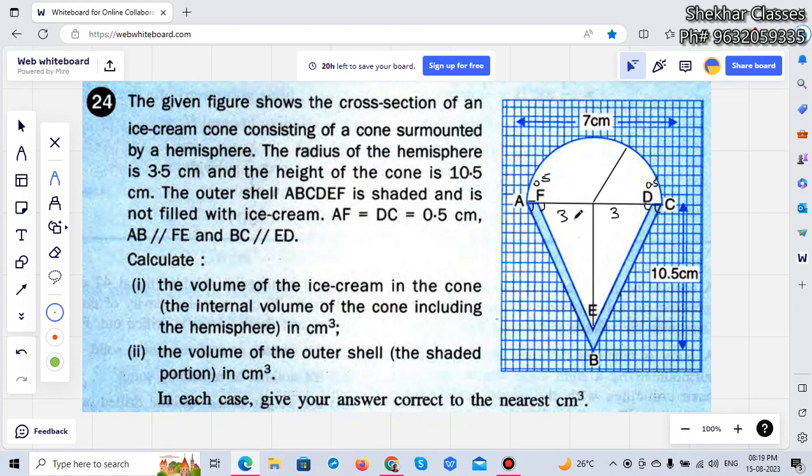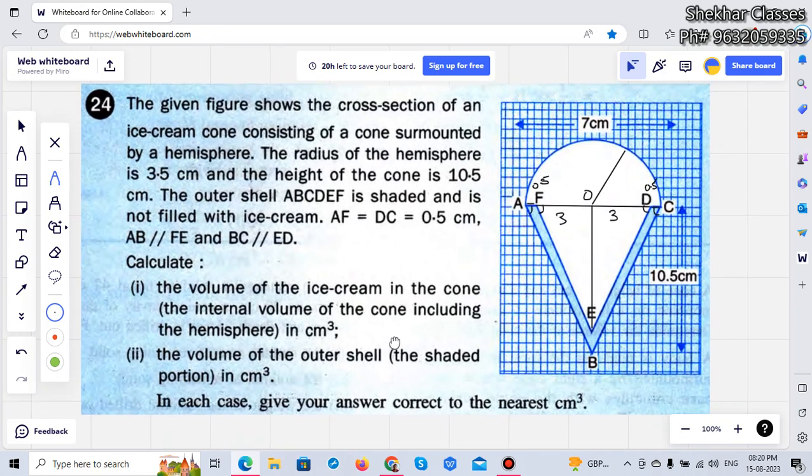When the two triangles are similar, the diameter of the bigger triangle upon the diameter of the smaller triangle will be equal to the bigger height upon the smaller height. Means OB upon OE is equal to AC upon DF, because the two triangles are similar. Then we can find the height, and once we find the height, we can find the volume of this one and add them up. We'll get the ice cream here, right?